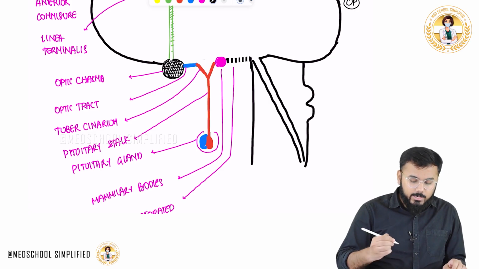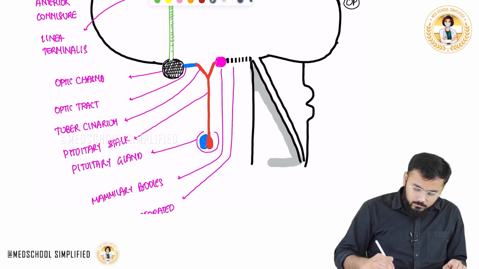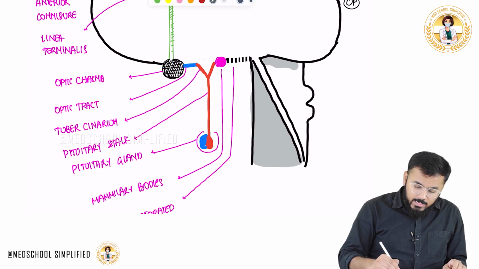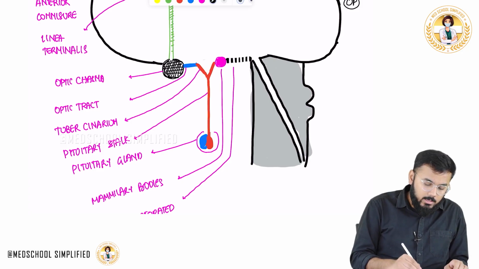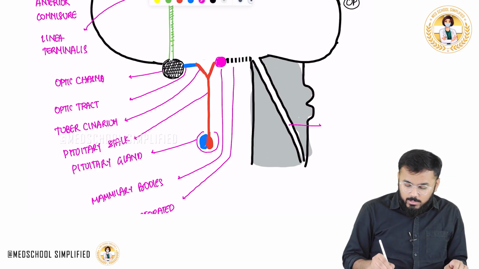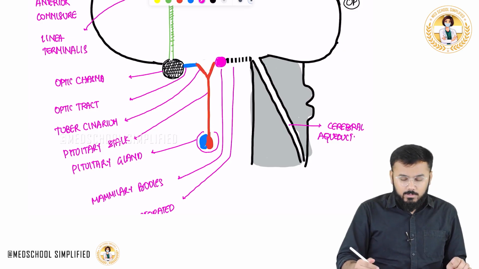This duct which is located exactly in the center of the midbrain is what is called the aqueduct of Sylvius or cerebral aqueduct. Cerebral aqueduct, or the other name is aqueduct of Sylvius.